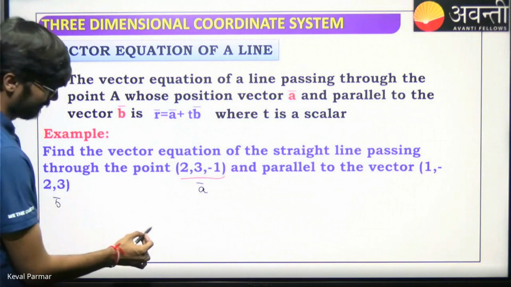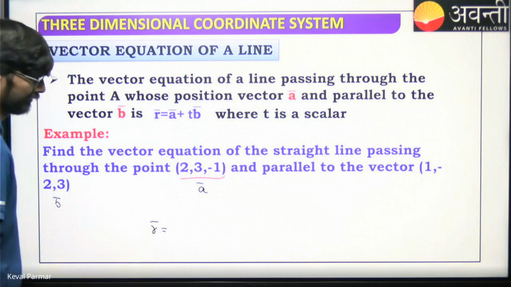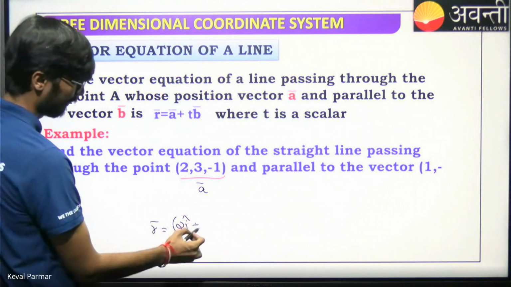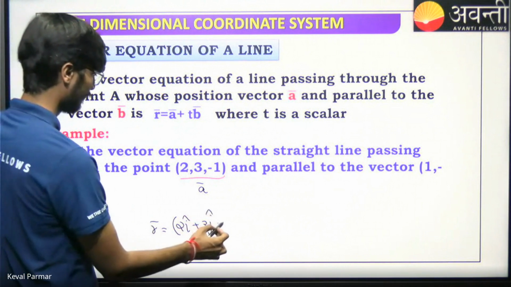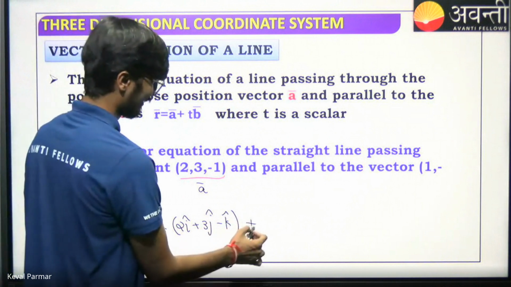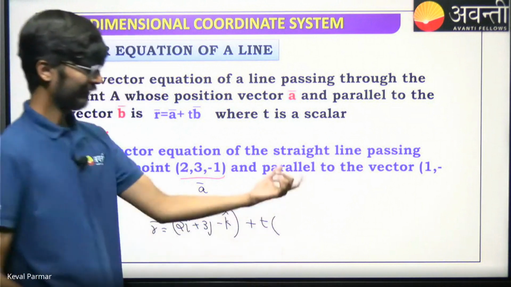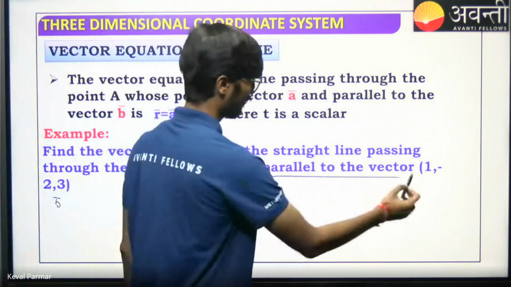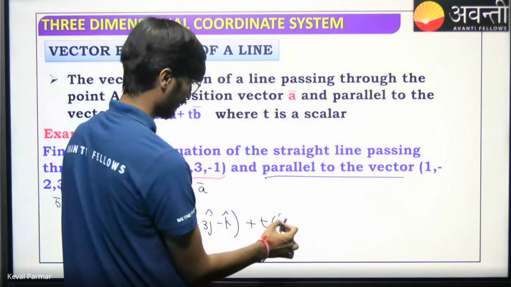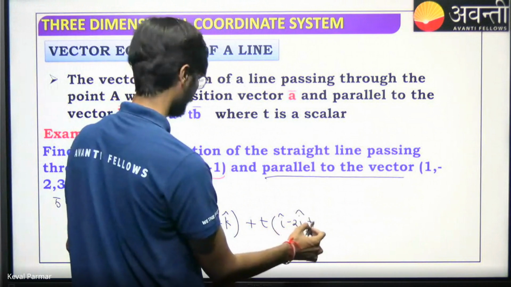So my answer will be r vector is equal to 2i cap plus 3j cap minus k cap plus t times b vector, which is parallel to the vector i cap minus 2j cap plus 3k cap.